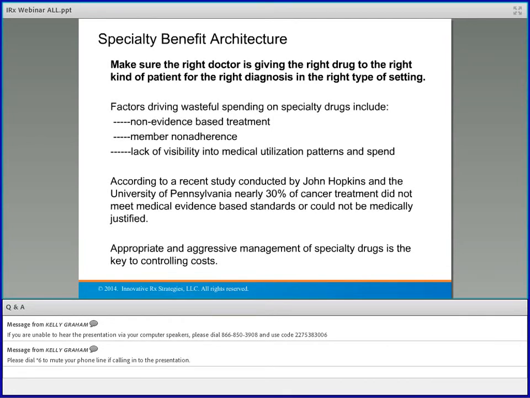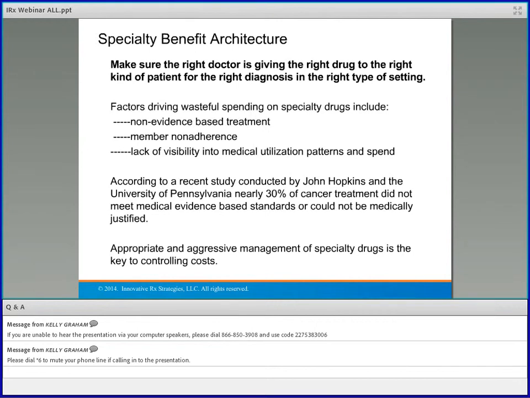I think a lot of times the PBMs and health plans don't talk to each other. The PBM may have an NDC code. The medical plan may have a different code that they may be using. But you really have to look and see where it is covered and what makes the most sense. Part of this is that there are a lot of different factors that can cause wasteful spending when it comes to specialty drugs.